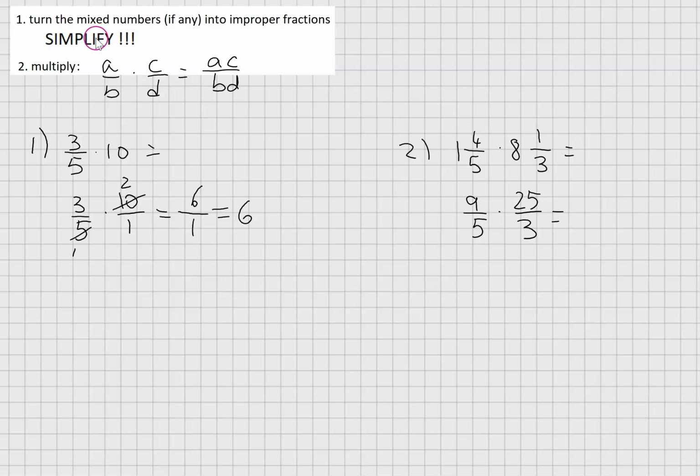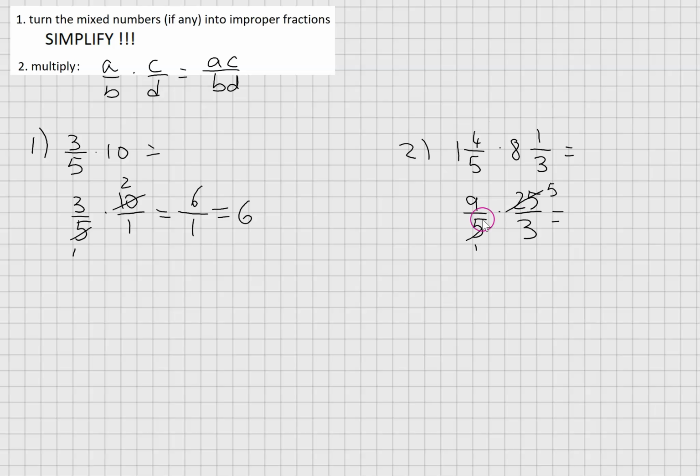My advice is to simplify. Can we simplify? Yes, of course. 5 and 25 both can be simplified by 5. So 5 divided by 5 is 1. I don't have to write it. Next time I won't. 25 divided by 5 is 5.